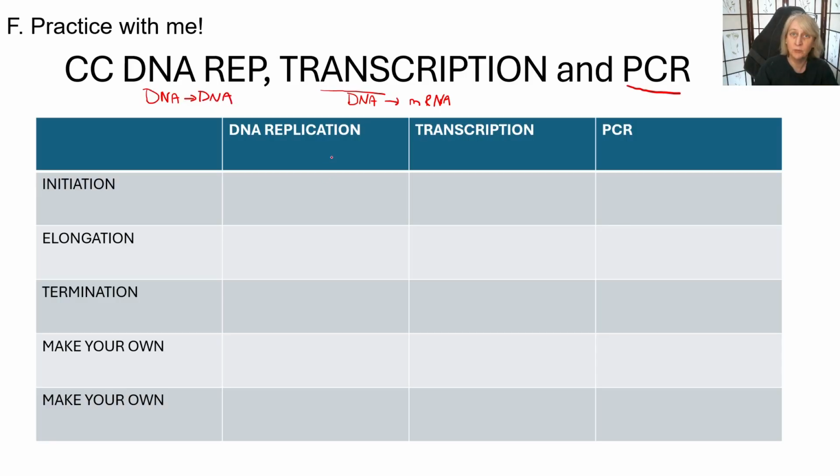I think it's helpful for you to make yourself a giant table, and we'll include translation down here after we did it. What happens in the start of DNA replication? What happens as I elongate? What proteins are involved, literally a 1-sentence description of what happens, and then how do we stop it? And I think you should make some of your own categories to keep comparing these.